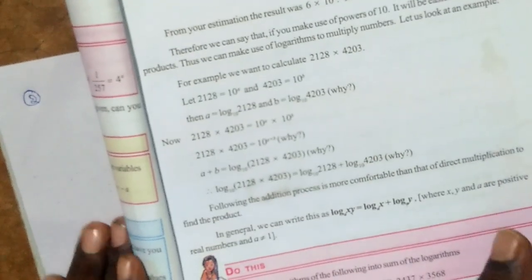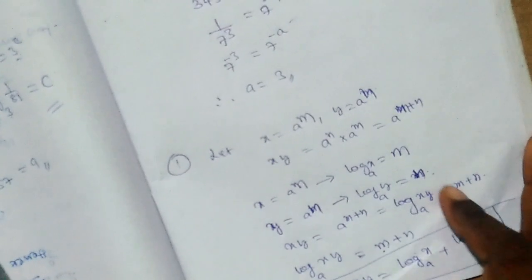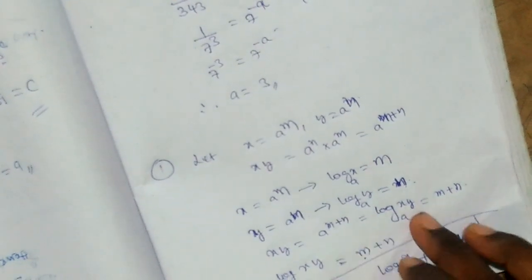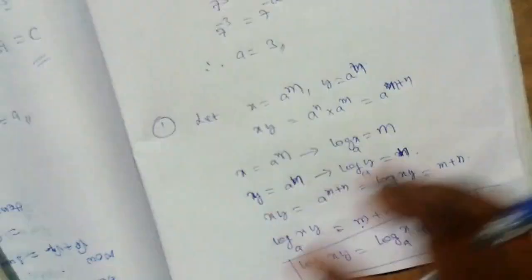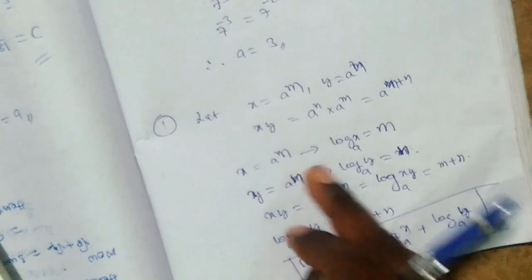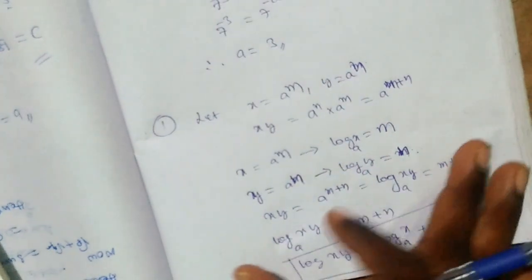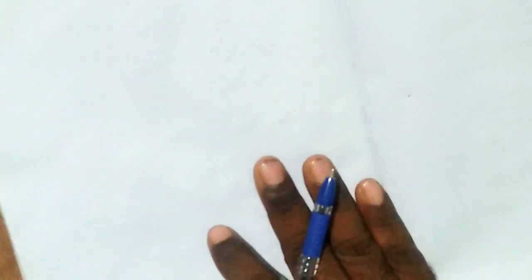So write this one under this proof. You need the proof. If the proof of the formulas is asked in the exam also, you have to write it. You have to write down in the classwork. After that, you have to write this sentence. Okay. Next, the second formula.